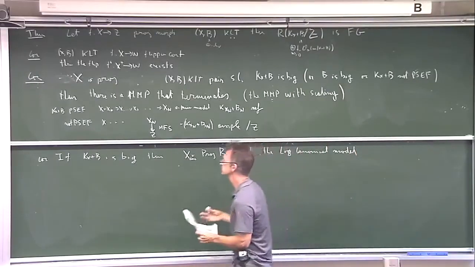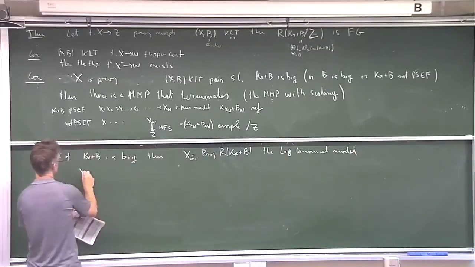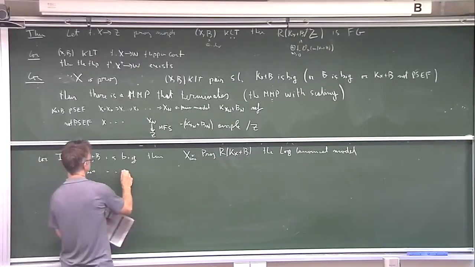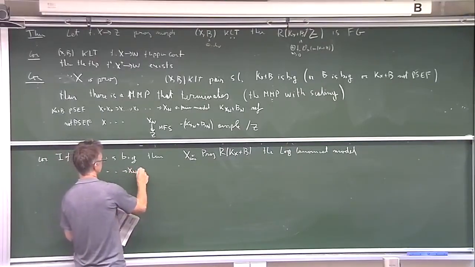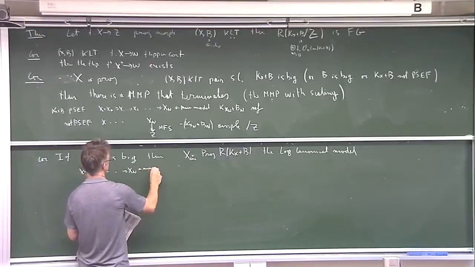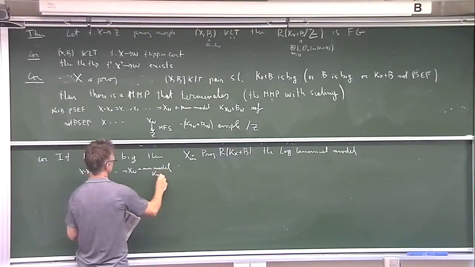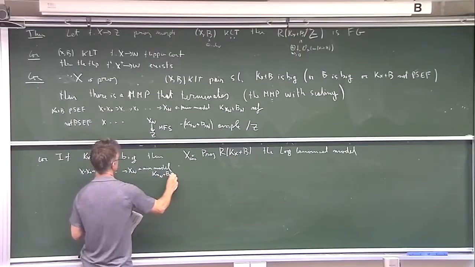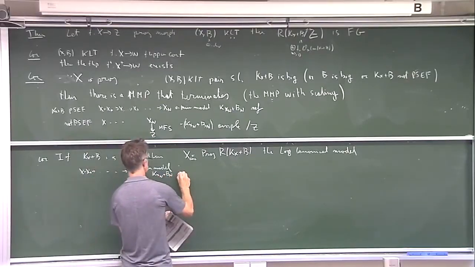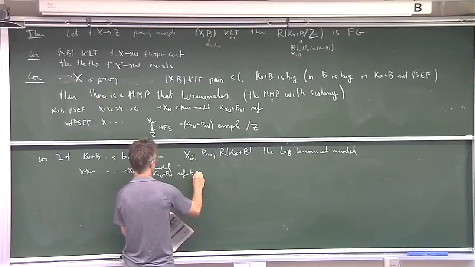So what properties does this have? First of all, what happens is you do your finite sequence of flips and divisorial contractions to your minimal model. On your minimal model, K_X_n plus B_n becomes nef and big.